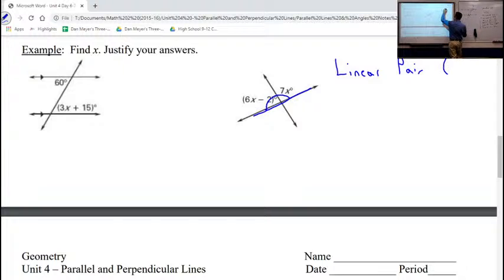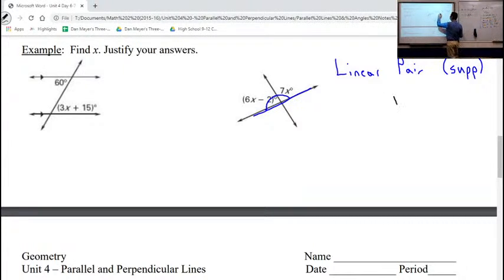And that linear pair is going to be supplementary. So this is a chapter 1 question. I could have asked this a few months ago. But I want to make sure that we're still keeping track of it in comparison to the other type of angles that we're looking at.